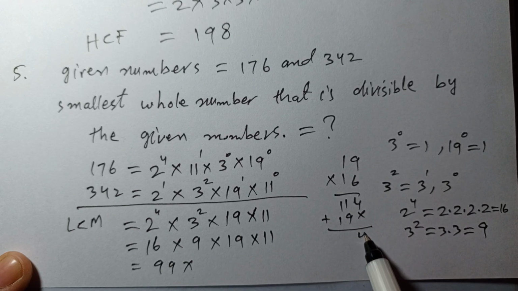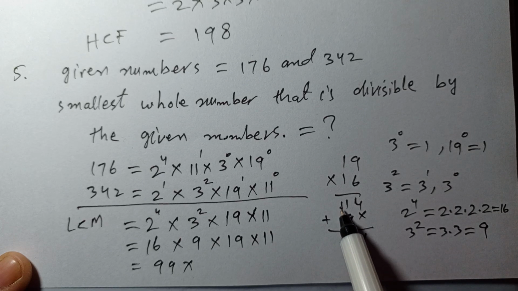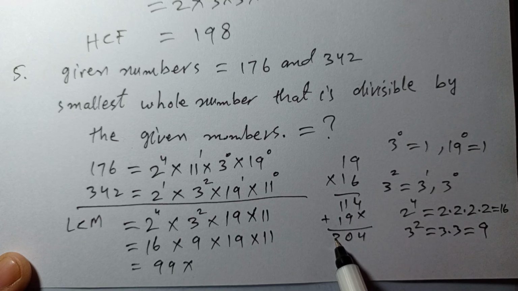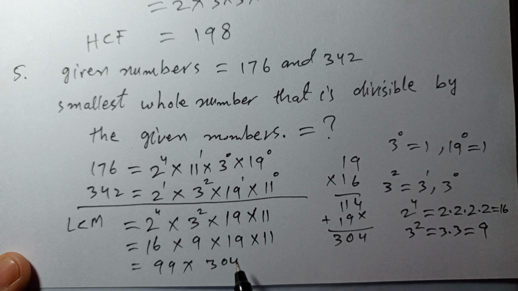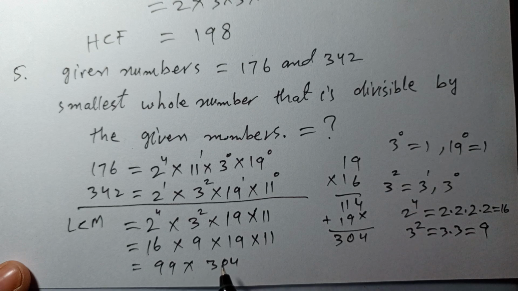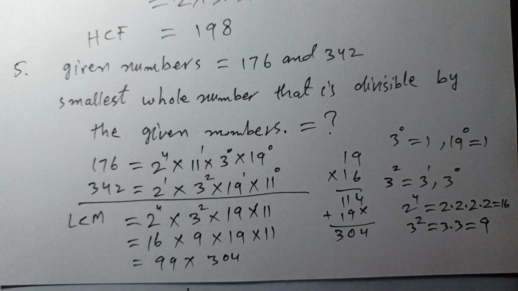Now add: 4, 9 and 1, 9 and 1 makes 10, 1 and 1 is 2 and 1 is 3, 304. When I multiplied 19 and 16, it gives me 304.